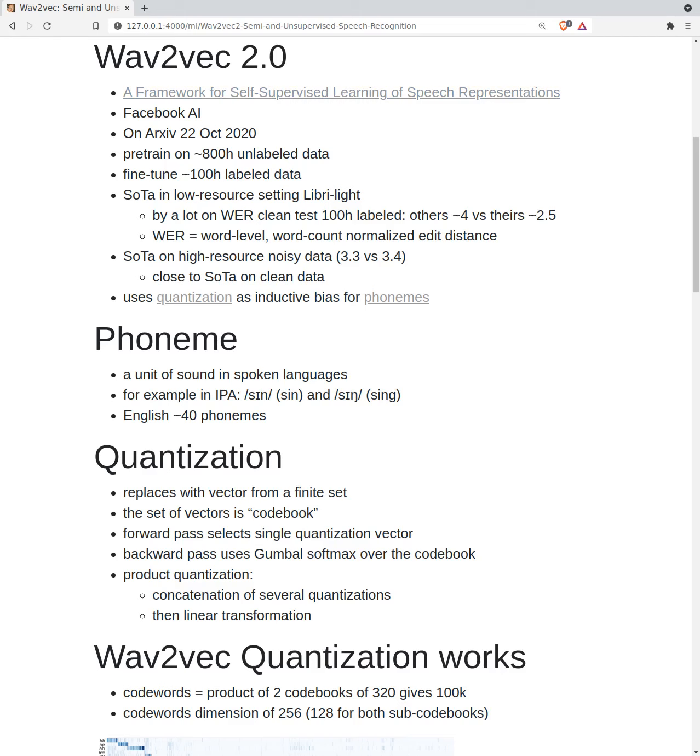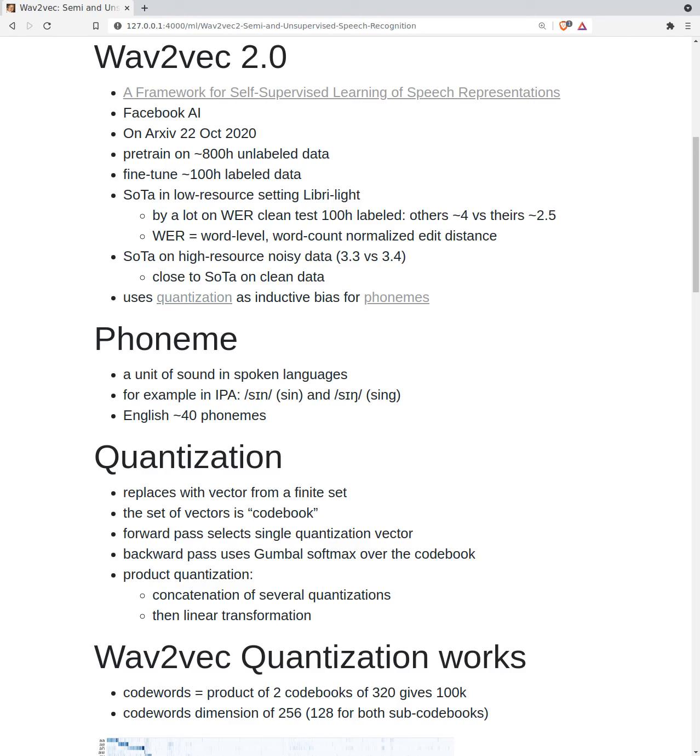So state of the art on low resource settings. In high resource settings, it's only state of the art on noisy data and by a small margin. And it is close to SOTA on clean data, but not quite state of the art.